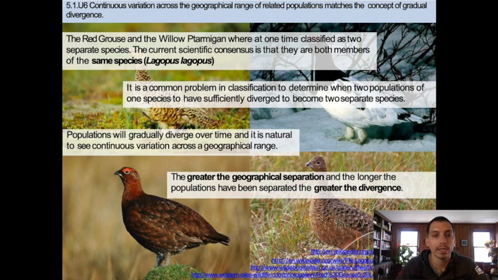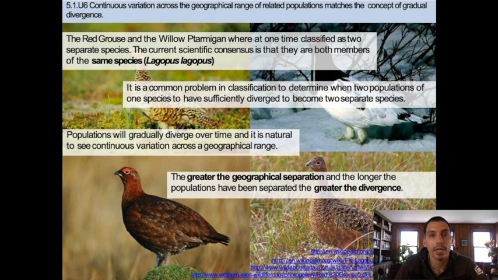Populations will gradually continue to diverge over time, and it is natural to see continuous variation across a geographical range. And the greater the geographical separation, and the longer those species have been separated, then the greater the divergence. But it still takes a really long time to separate one species into two.